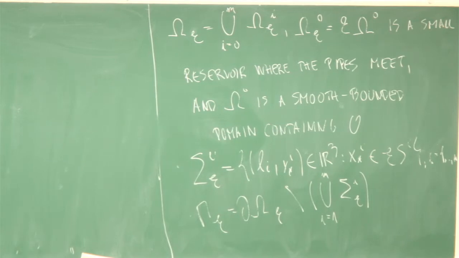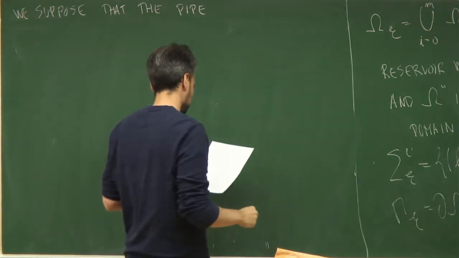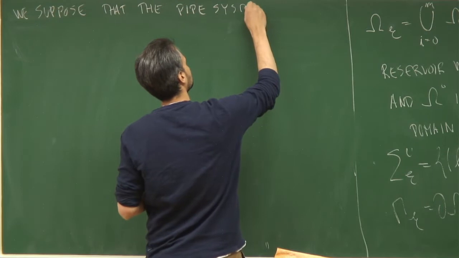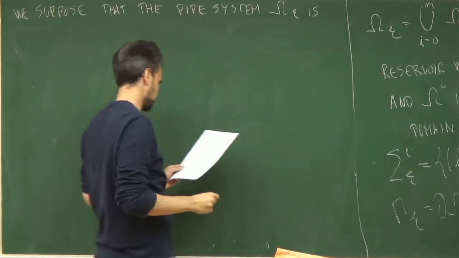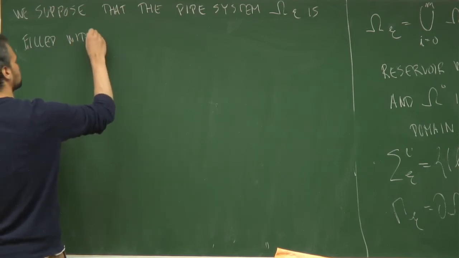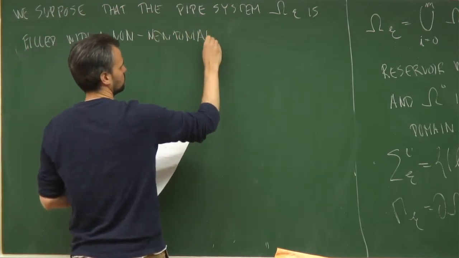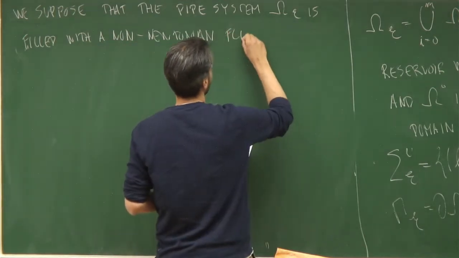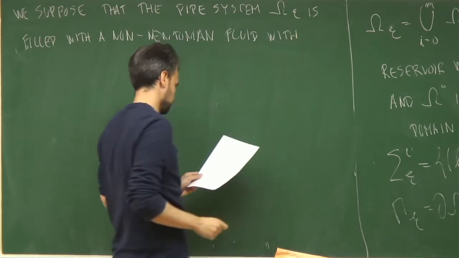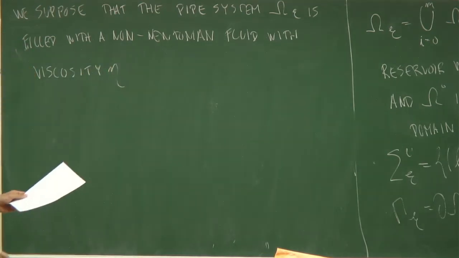Okay, so we suppose that the pipe system omega epsilon is filled with a non-Newtonian fluid with viscosity eta obeying the following law.